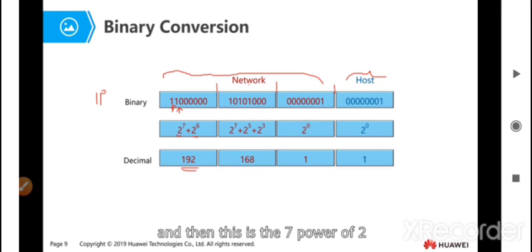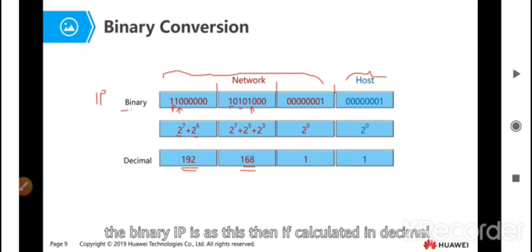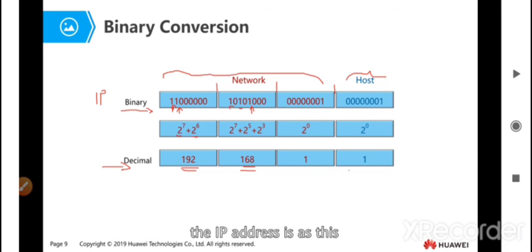And then 2 to the power 7, 2 to the power 5, and 2 to the power 3, and the result is 168. This is 1, 1. So the binary IP is like this, and the calculated decimal IP address is like this.